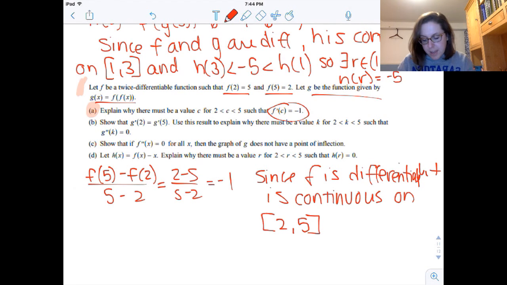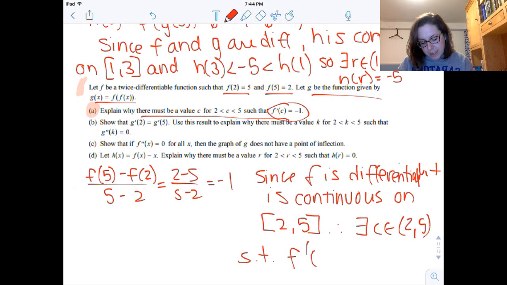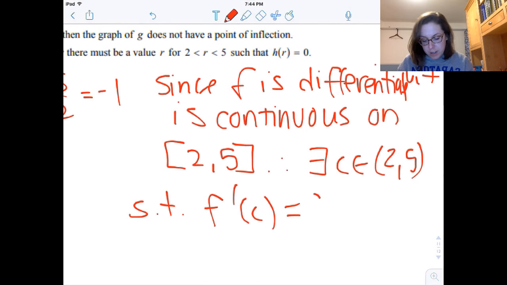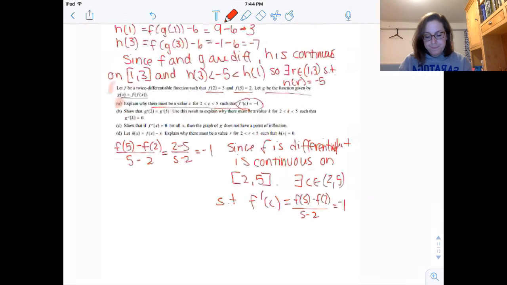And then go back up here. Therefore, there exists a c on 2, 5 such that f prime of c equals, and then you're going to put that rate of change in. f of 5 minus f of 2 over 5 minus 2, which is negative 1. And that's what you're doing.